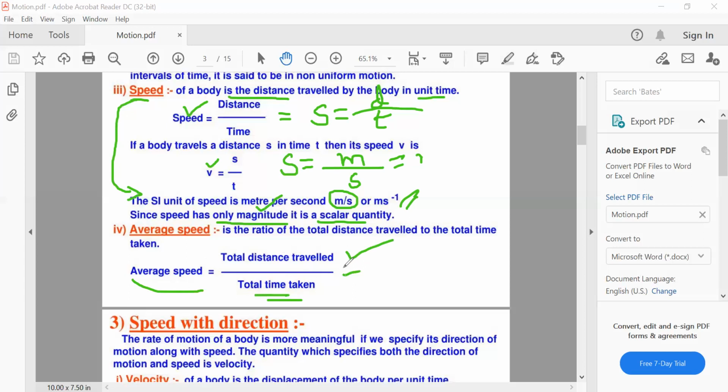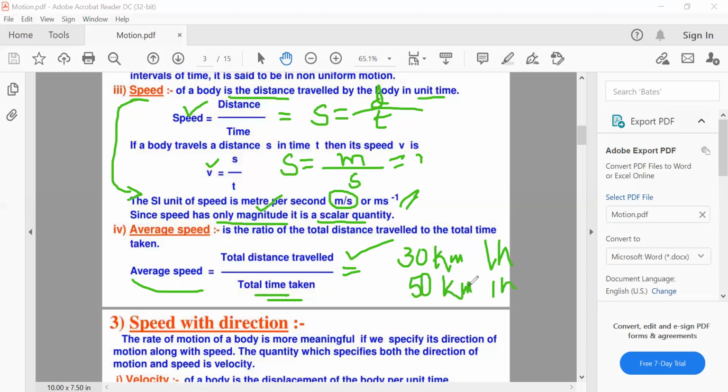For example, suppose we have a bus that covers a distance of 30 kilometers in 1 hour. In the next 1 hour, the bus covers a distance of 50 kilometers.